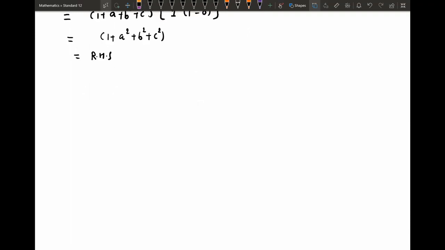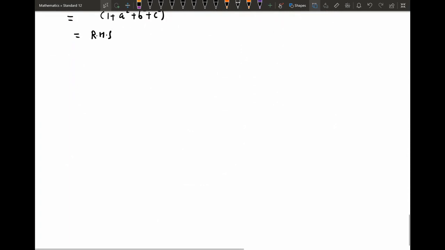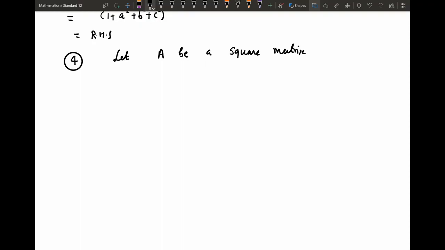Next example is: let A be a square matrix of order 3 by 3.